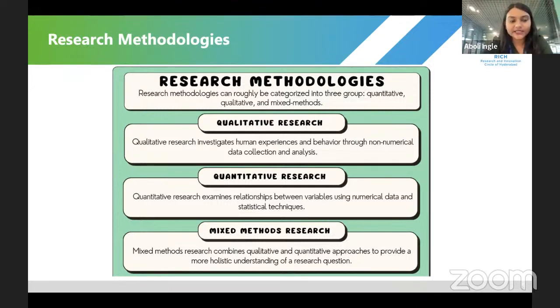In qualitative research, we try to understand human experiences and behavior through non-numerical data collection, like an interview, focus group discussion, text, observation, whatever. Qualitative research tries to understand human experiences and behavior through qualitative data. So here we are trying to understand the phenomena.